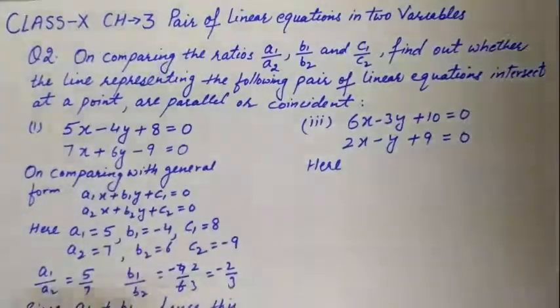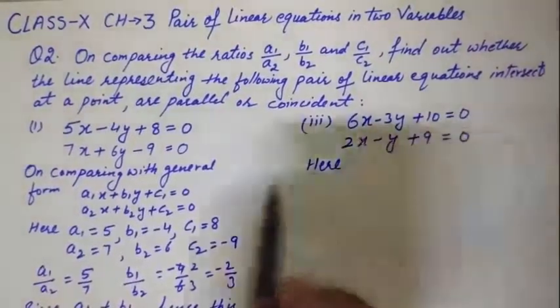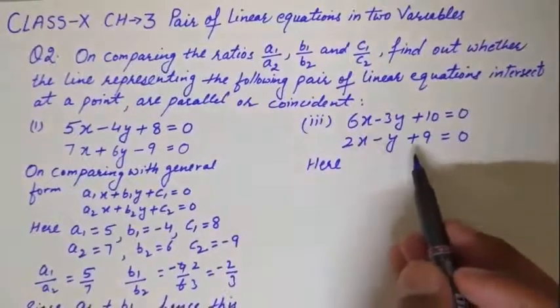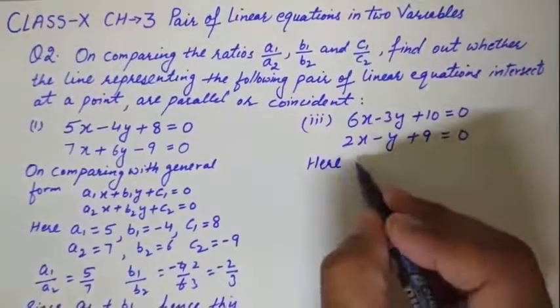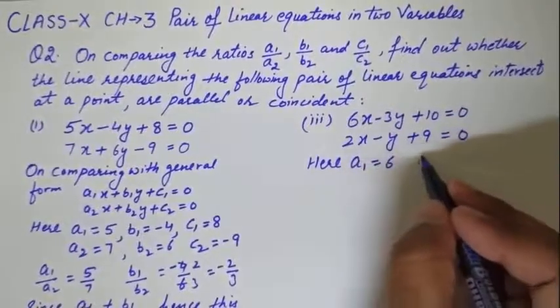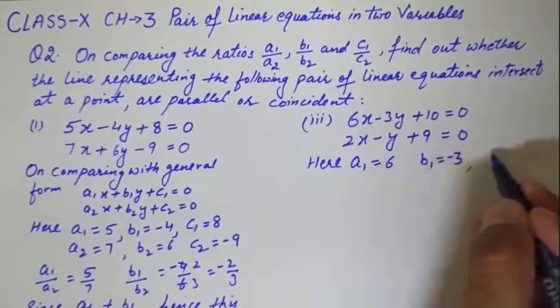So the third part is 6x minus 3y plus 10 is equal to 0, and 2x minus y plus 9 is equal to 0. Comparing with the general form, a1 is 6, b1 is minus 3, and c1 is 10.